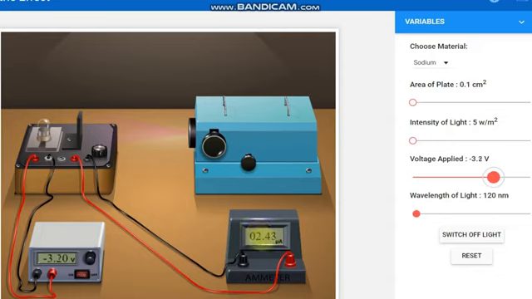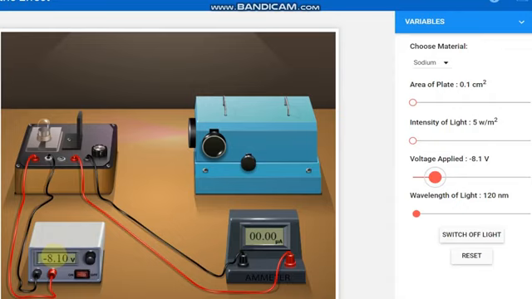Whenever the photocurrent is 0, that indicates the applied potential at that point is the stopping potential. You see here, the photocurrent is decreasing, and at a particular applied potential you will find the photocurrent is 0. The potential at which the photocurrent is 0 is called the stopping potential.